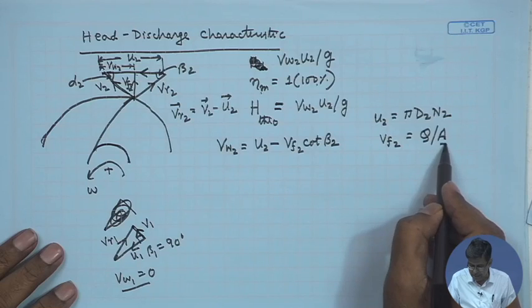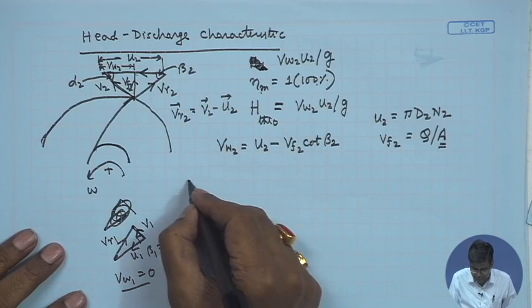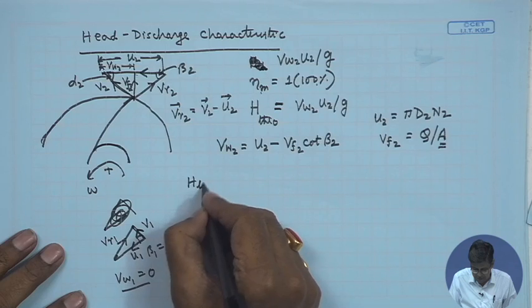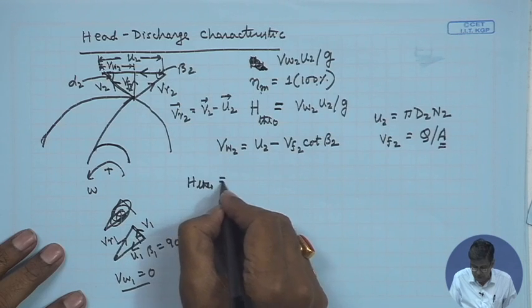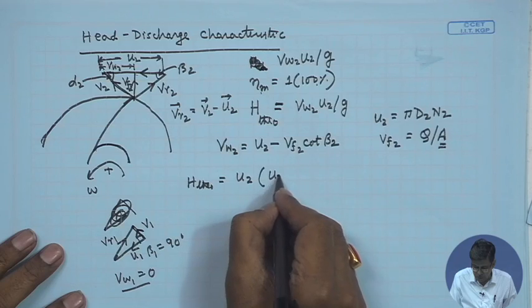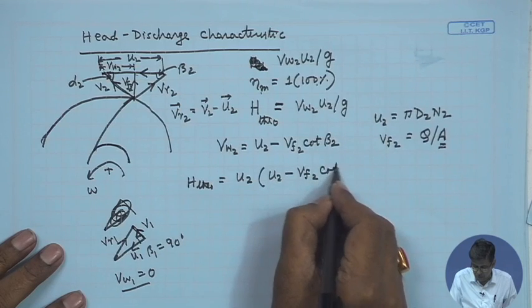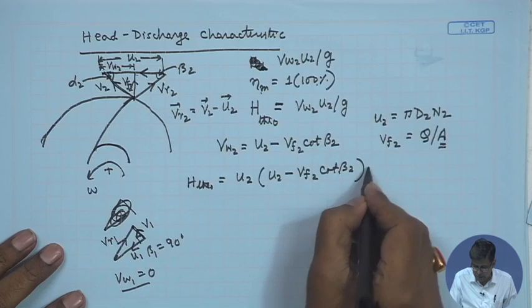So, this is area A. For a given impeller, this is fixed. So, now we can write H theoretical is equal to U2 into (U2 minus Vf2 cot beta 2) divided by g.